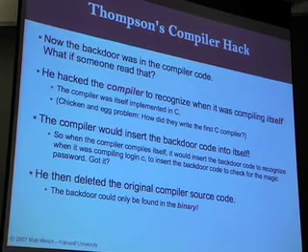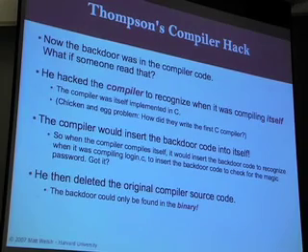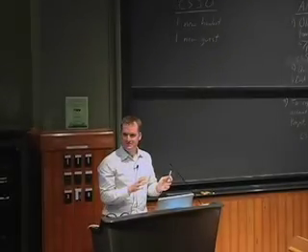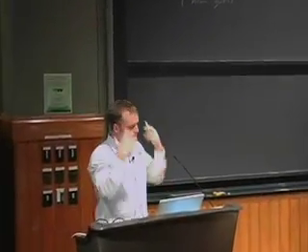This is like a James Bond kind of plot. Any questions about this? This is really cool. Now this is all about self-modifying code, and so his paper, his lecture for the Turing Award, was Reflections on Trusting Trust. Who do you trust? I get the compiler, I download GCC from the internet.